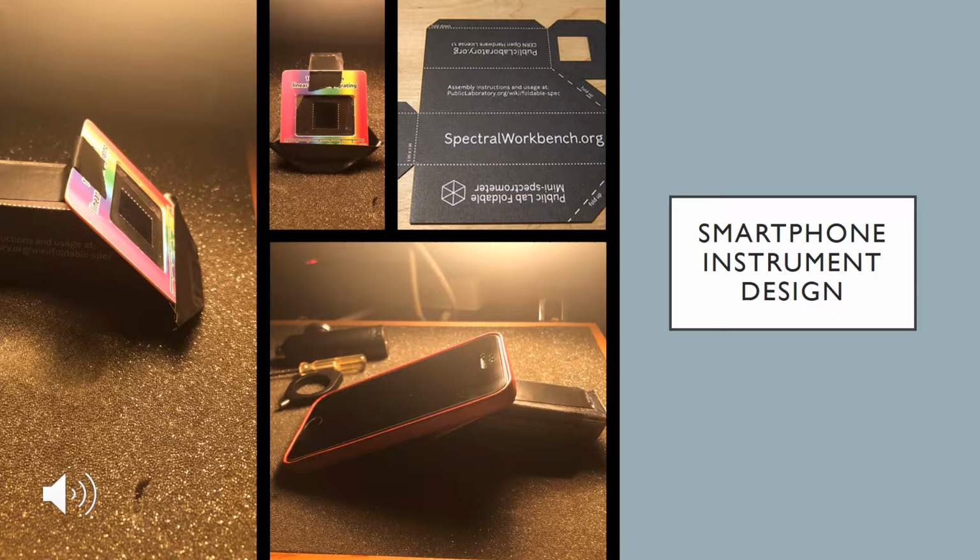Here we see the smartphone spectrometer construction. The spectrometer created is based on a cardboard spectrometer design found on Public Lab. The design is made of a cardboard foldable spectrometer, and the cardboard was folded along the lines shown in the proper orientation, and the diffraction grating given to us by Professor Zhao was taped to the end of the spectrometer using electrical tape.